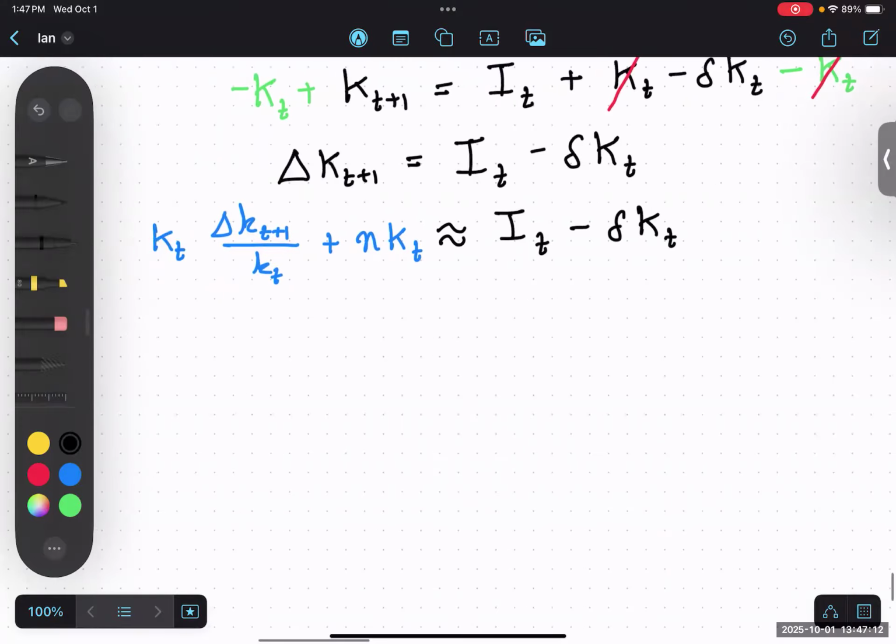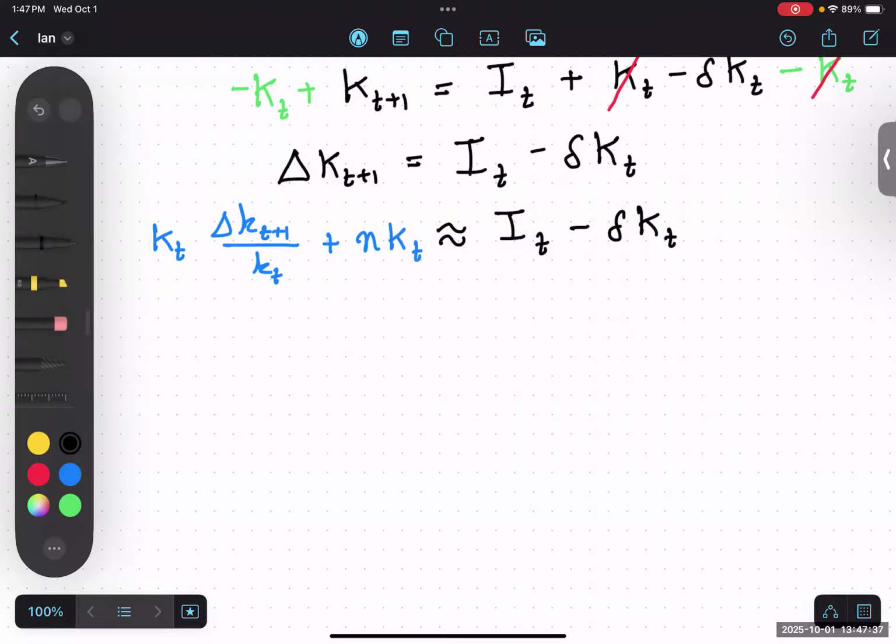And the other part of the derivation of the fundamental equation requires that I re-express everything in per capita terms. So to do that, I will be dividing both sides of the equality by population or labor. Remember that both are the same by assumption in this model.